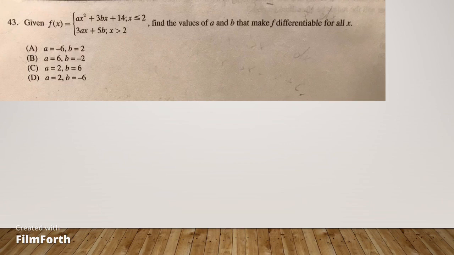Find the values of a and b that make f differentiable for all x. First, in order to be differentiable, f needs to be continuous. So in our question, that means if we plug 2 into both pieces of the function, they should be equal to each other. So we plug in x equals 2.